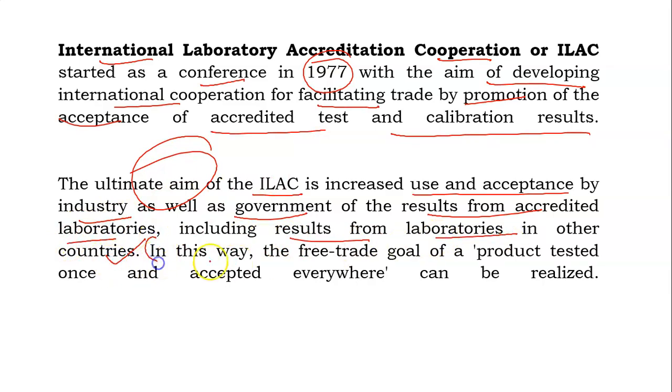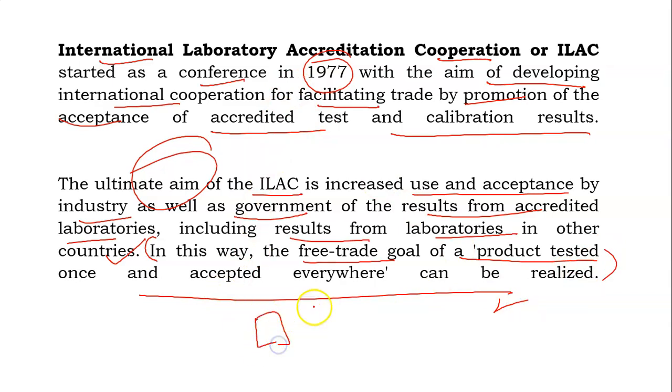So in this way we can say that the free trade goal of a product tested once and accepted everywhere can be realized. In a nutshell, if India has a laboratory setup which accredits testing of a food article in a certain industry, then the International Laboratory Accreditation Corporation will make sure that whatever product was accredited in our country will be accepted in other countries like the UK, Australia or the US.